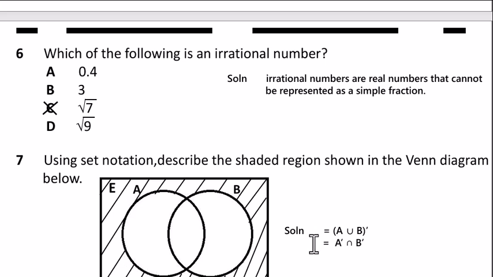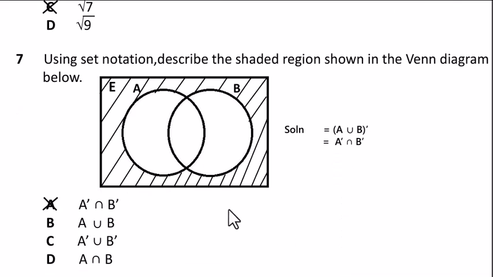So this is equal to A union B complement, which is equal to A complement union B complement. Because A is not shaded and B is not shaded, the shaded part is the outside, the universal set. So this is A complement intersection B complement as our answer.